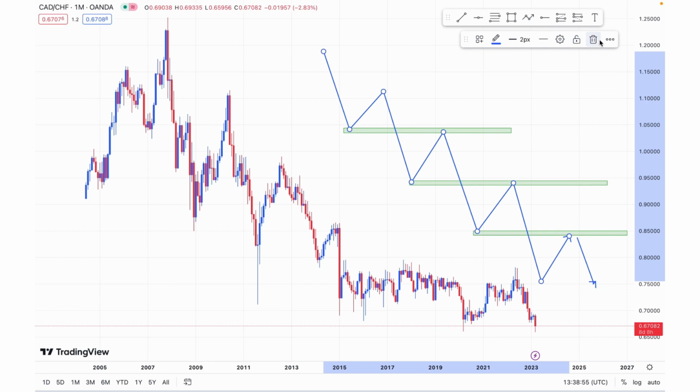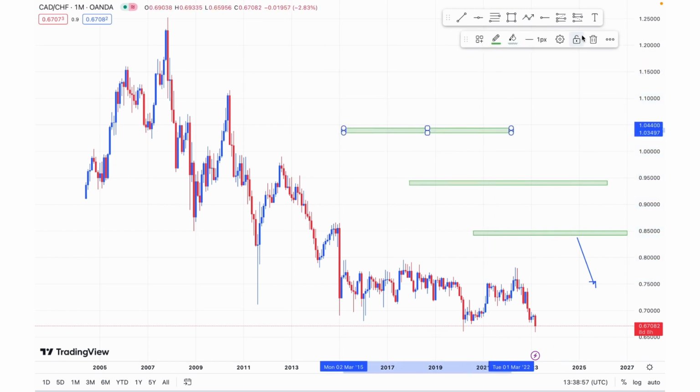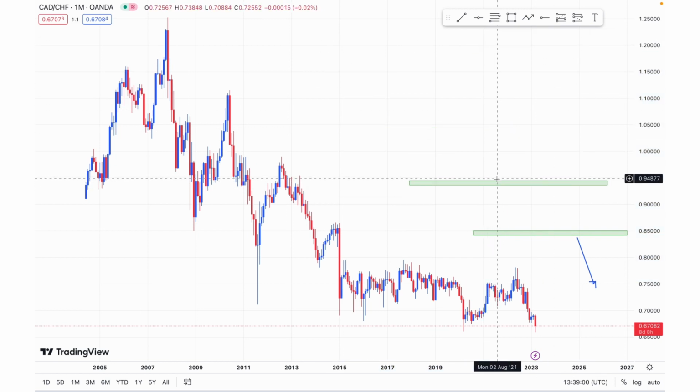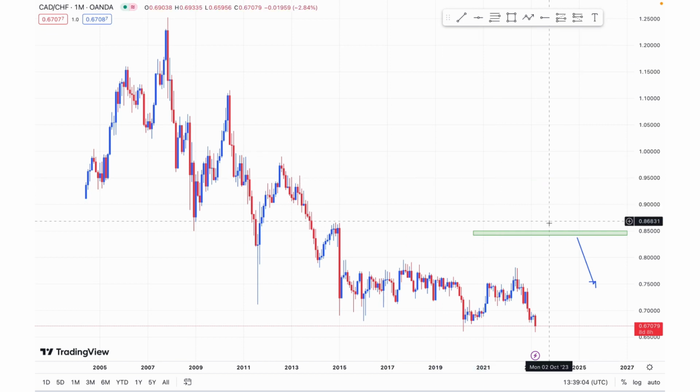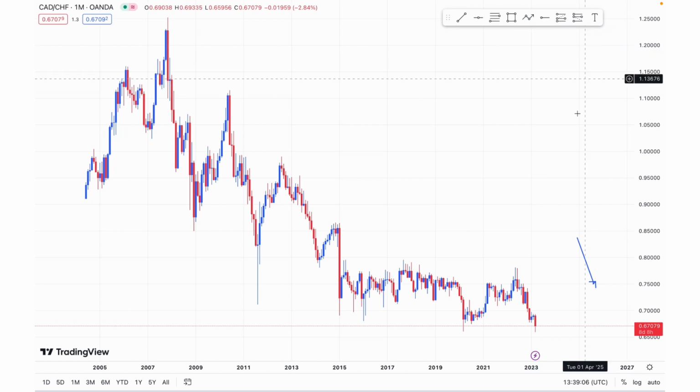So now I'll be showing you this example in the charts. As I said, it won't look as clean as the example I made, but you can have something like this, right?